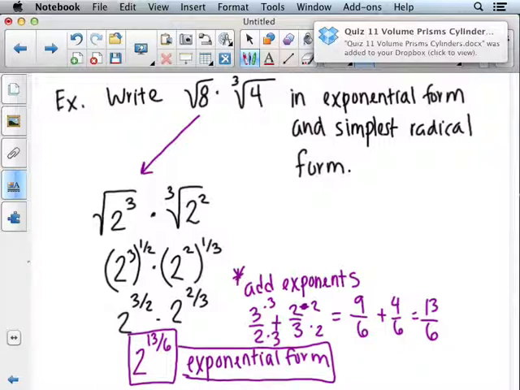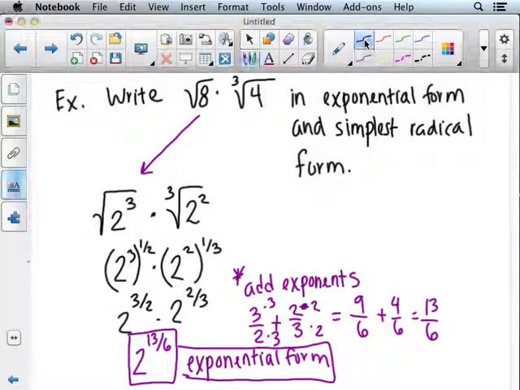Now if I want to write this in radical form, that means I want the fraction exponent to go away. So for radical form, I'm going to take this answer, 2 to the power of 13/6, and rewrite it.